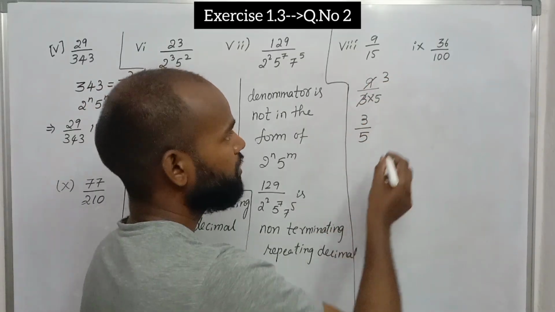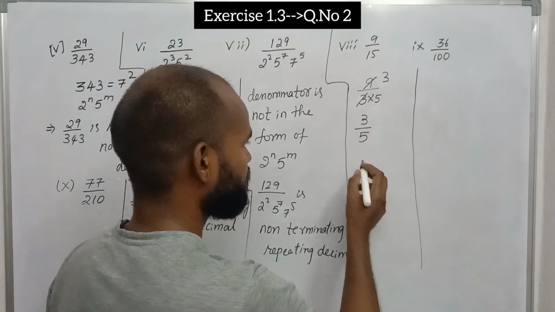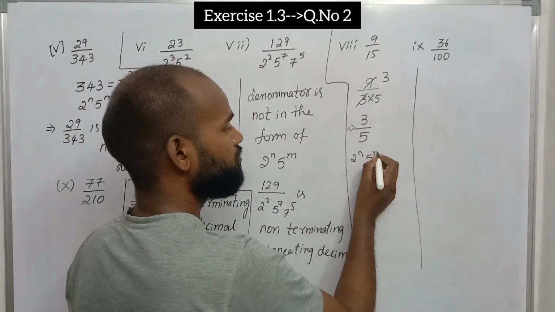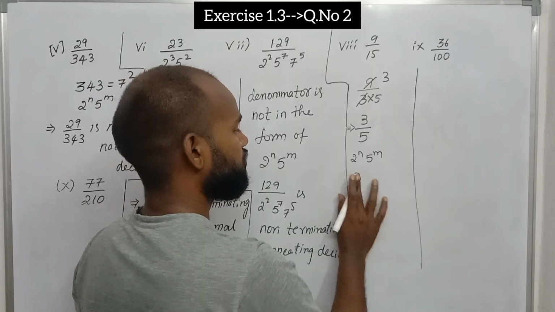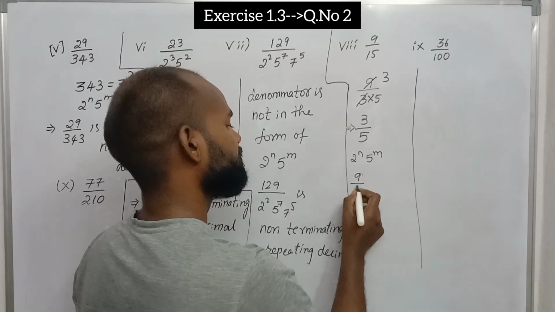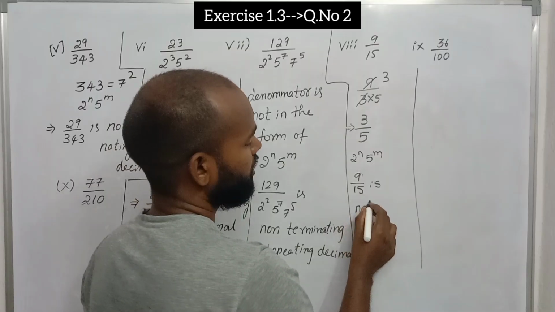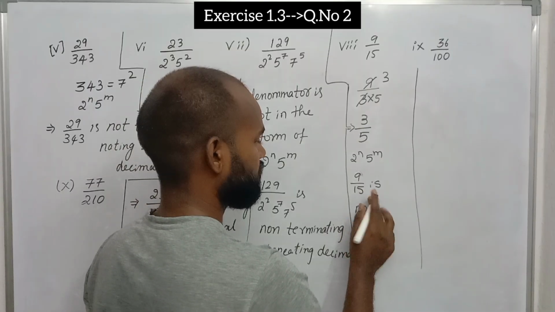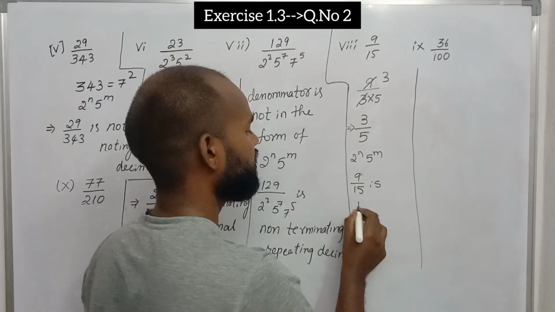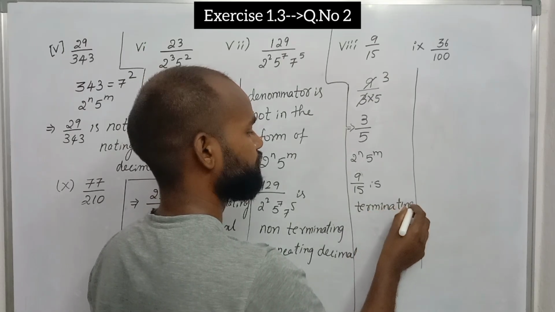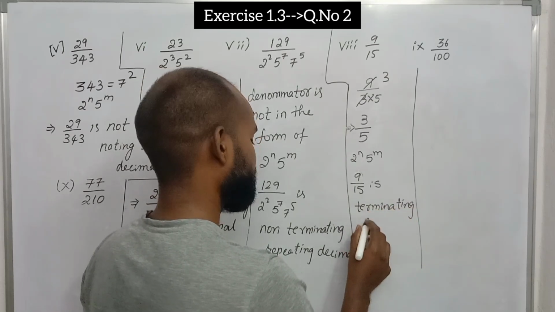So your denominator is in the form of 2 power n into 5 power m. So 9 by 15 is non-terminating. Oh, sorry, it is a terminating decimal.